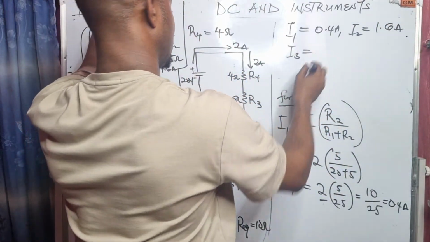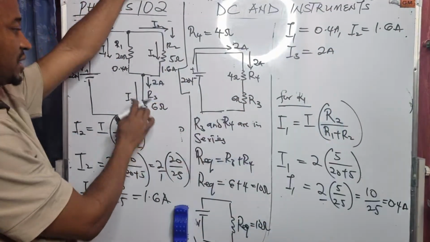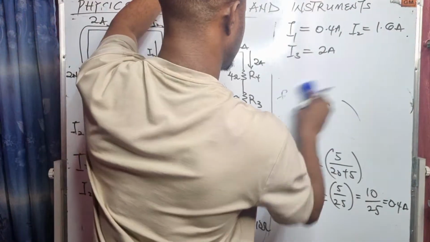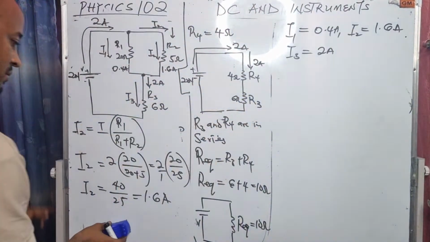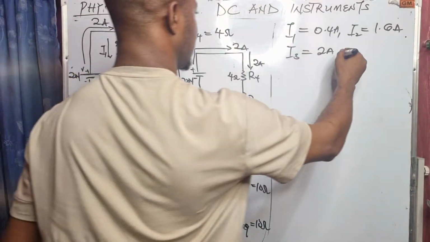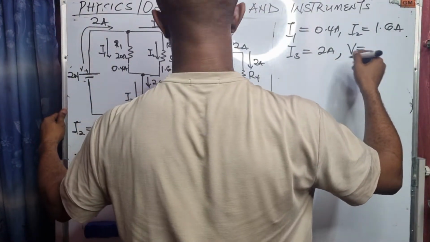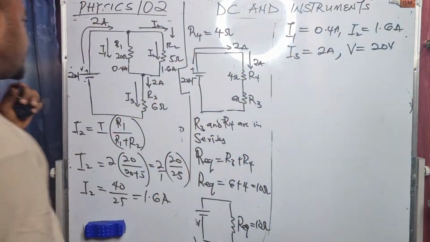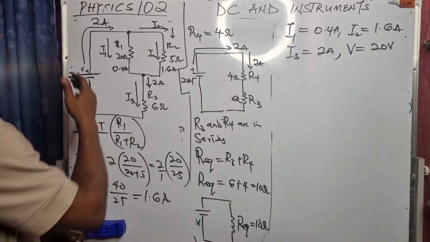Our I3 is 2 ampere, because the value of the current that flows through here is 2 ampere, right? Let's also note that our potential difference is given as 20 volts.